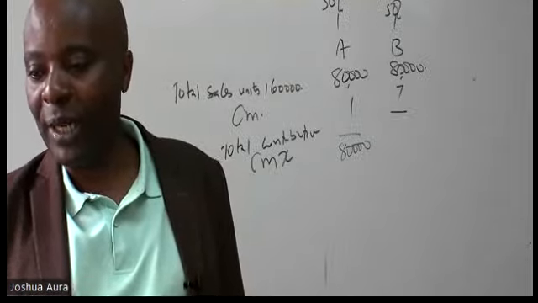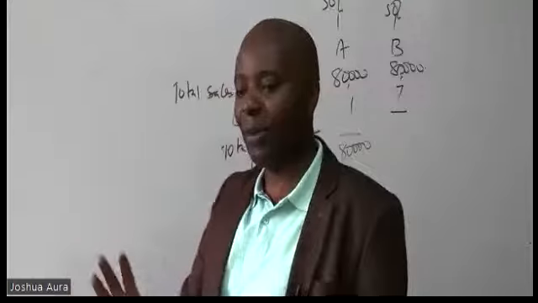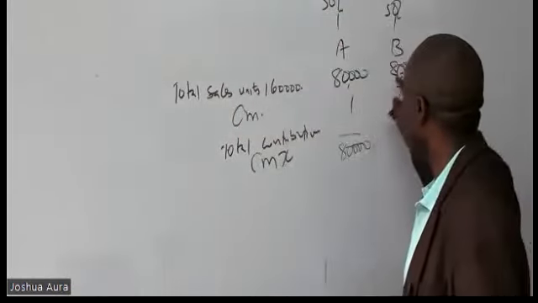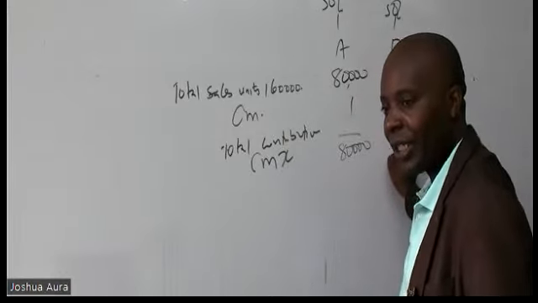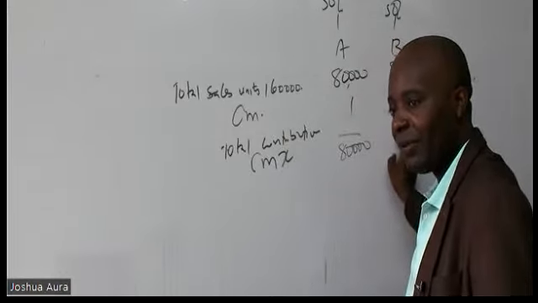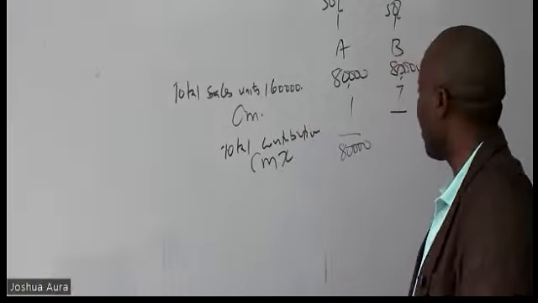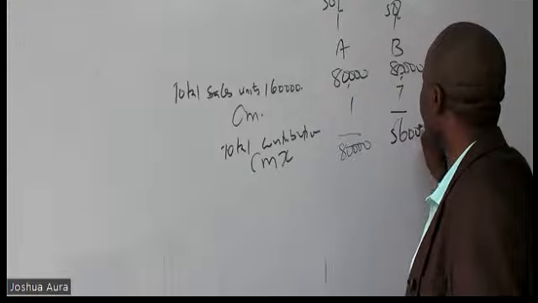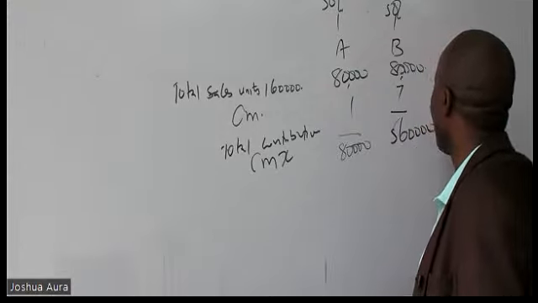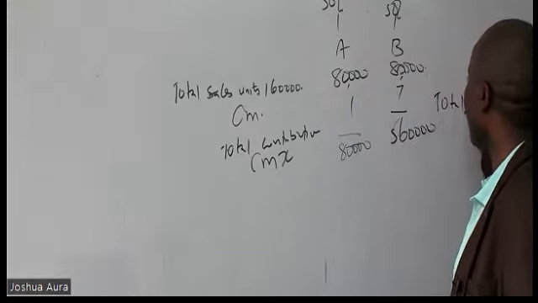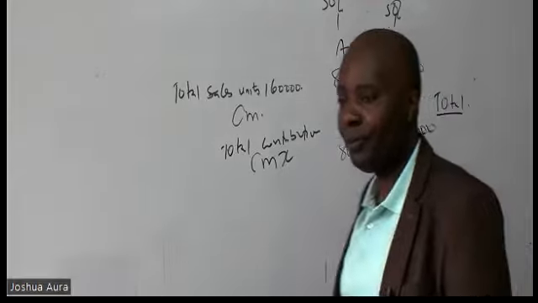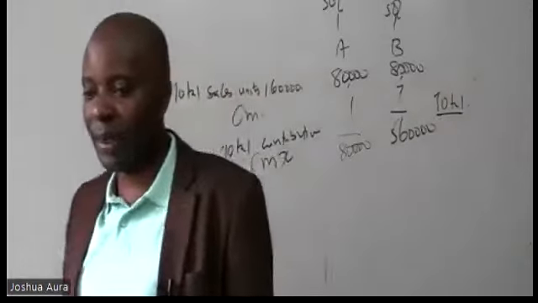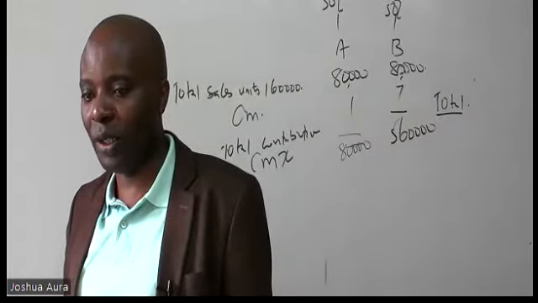One step remaining and we finish. So 80,000 times 7 gives me what figure? 560,000. Great. So the total here, 80 plus 560,000 gives me what total?